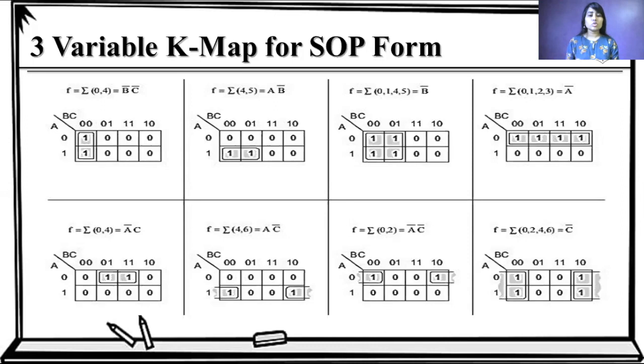We can make a group of 1 like this: we have c dash. Then we can also make a group like this, so we have a dash c dash, and we can also make a group of 4 like this, as discussed previously in the example, and the logical expression for this is a c dash.